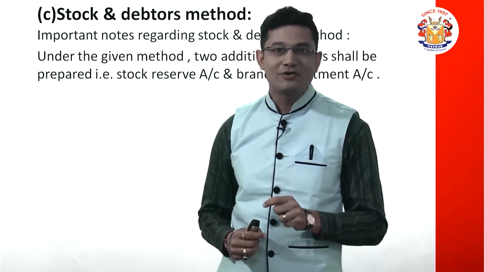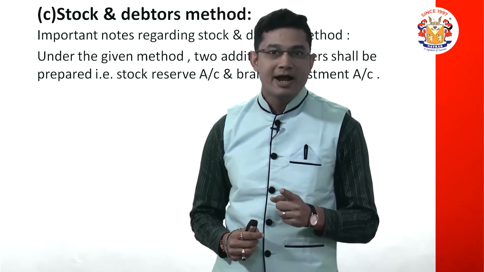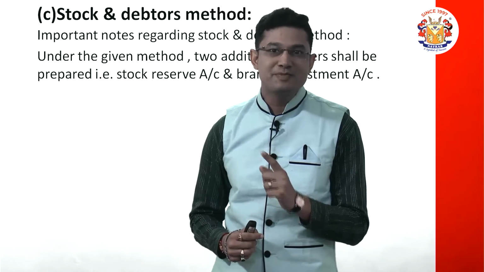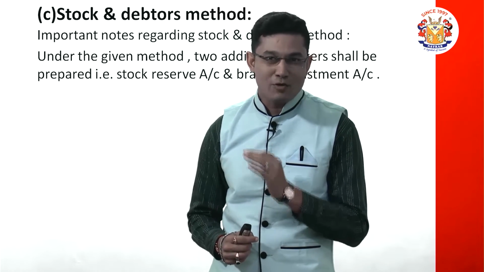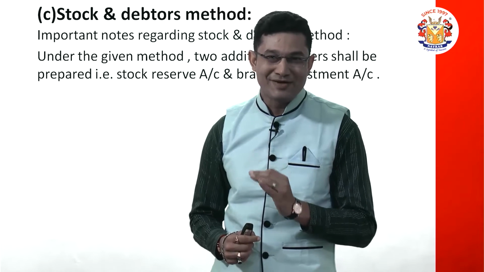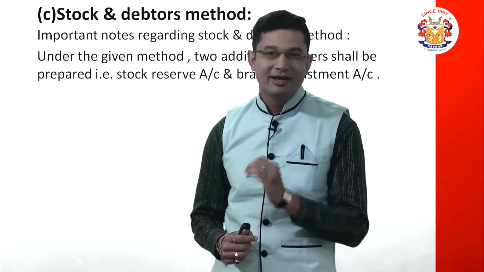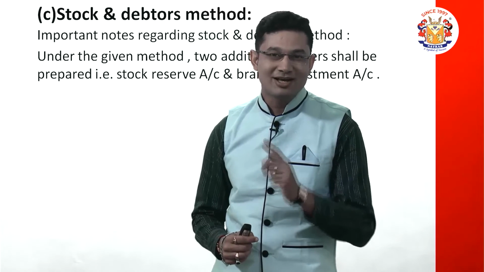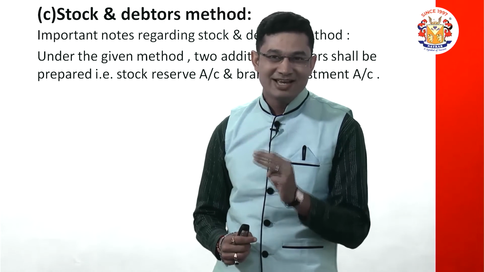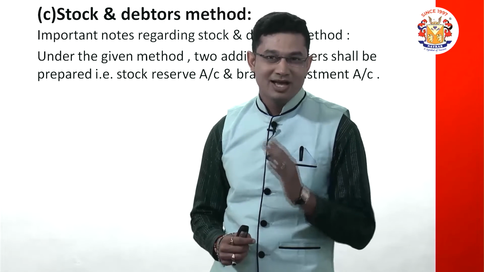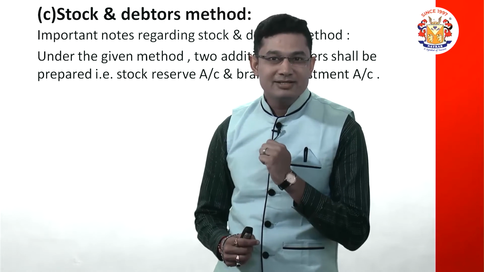First one, stock reserve account, and second one, branch adjustment account. Branch adjustment account, yes, for the purpose of eliminating unrealized profit in opening branch stock, in goods sent to branch, in goods returned by branch, and in closing branch stock.